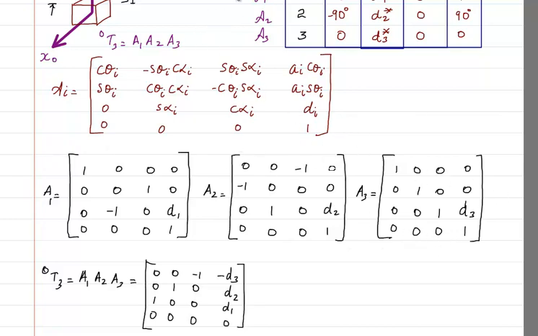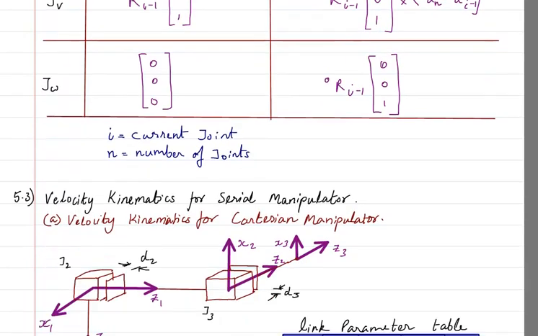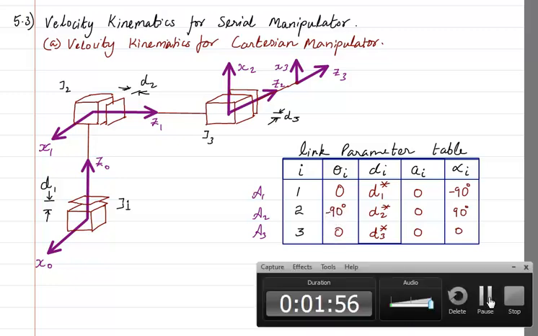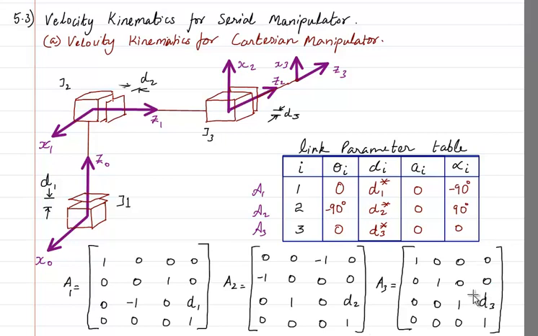The same set of equations and A1, A2, A3 values can be obtained just as we saw in forward transformation. So I will quickly write the A1, A2 and A3 values. Here are A1, A2, A3. Remember, we have used the DH convention up to this point.